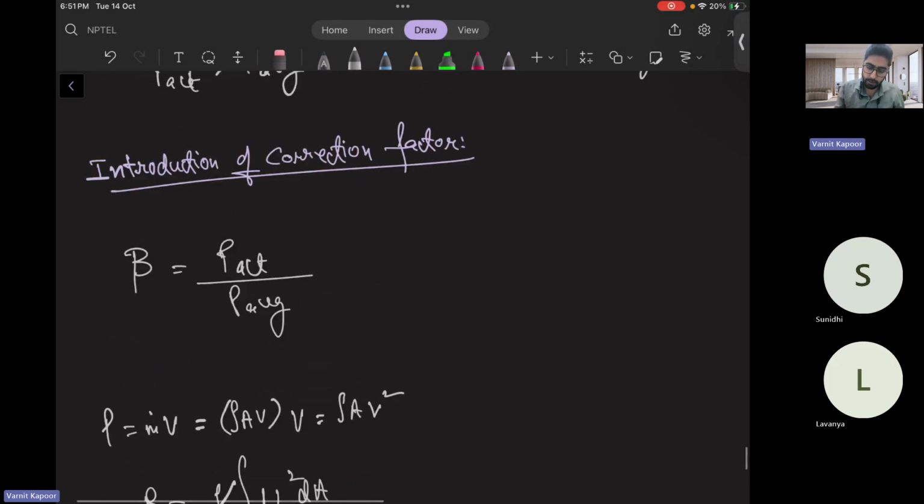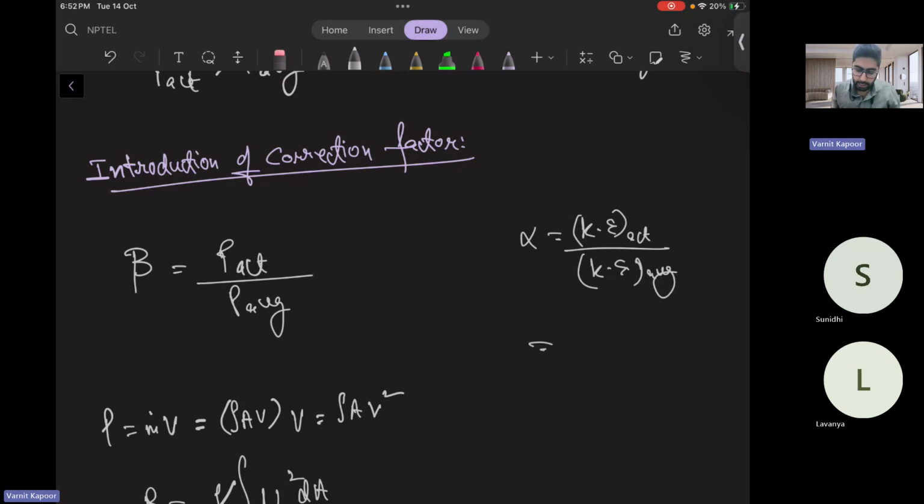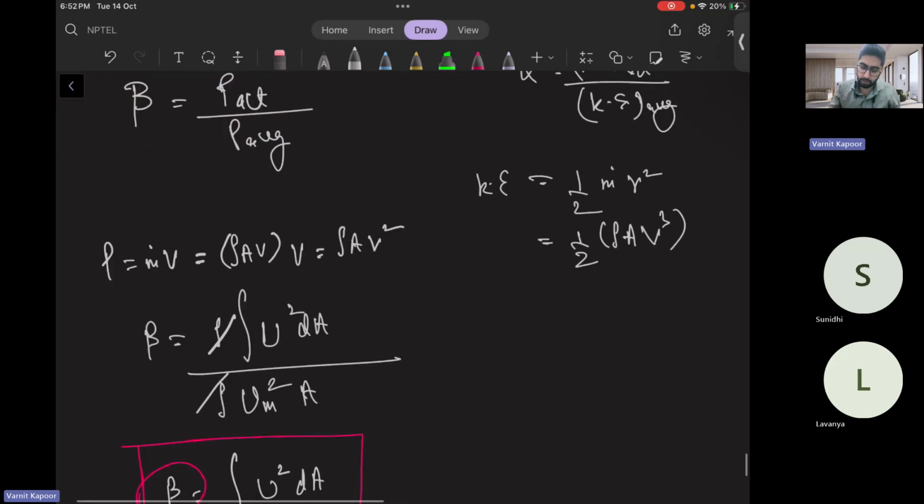Similarly, alpha is nothing but kinetic energy actual to that of kinetic energy average. We know that kinetic energy is half mass flow rate into V square, that is half rho A V square into V square, which is V cube.